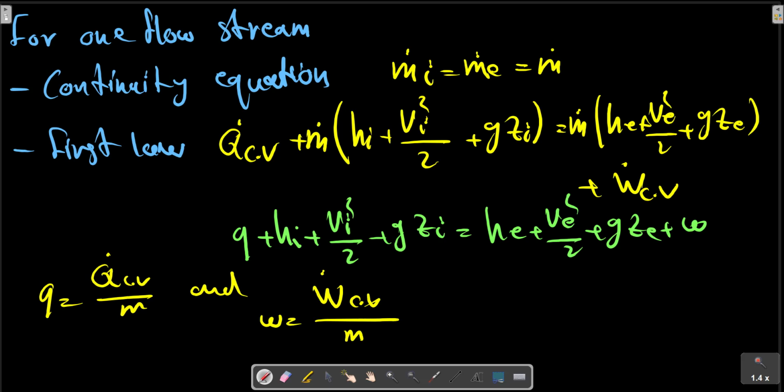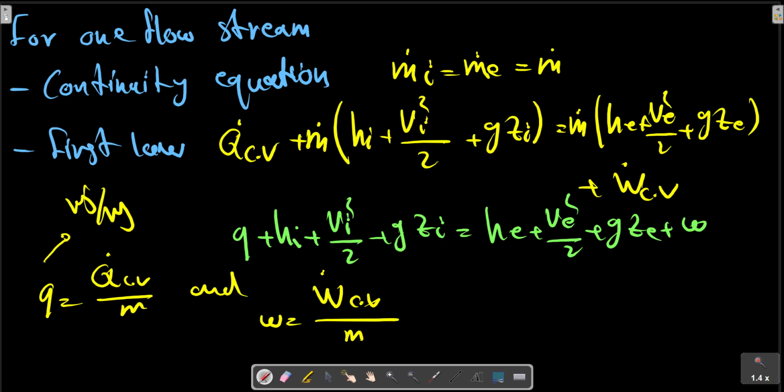Note that the unit for q is kilojoule per kilogram from the definition, and q and w can be thought of as the heat transfer and work per unit mass flowing into and out of the control volume for this particular steady state process.